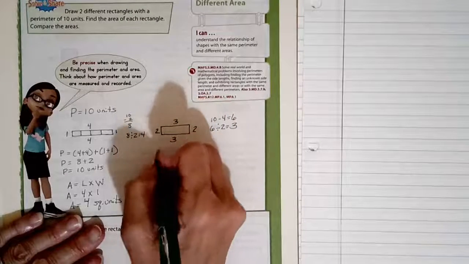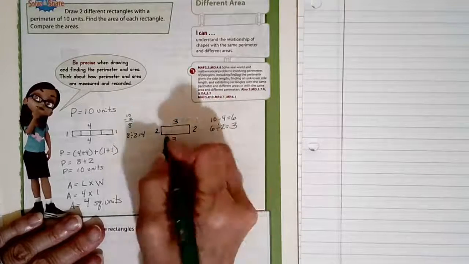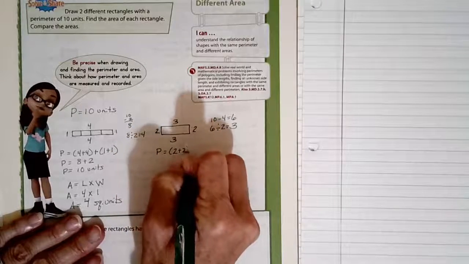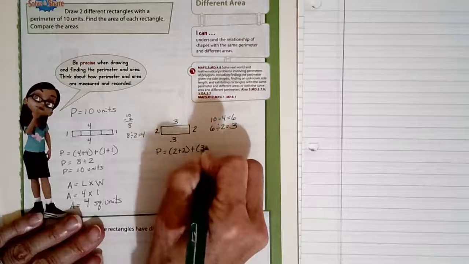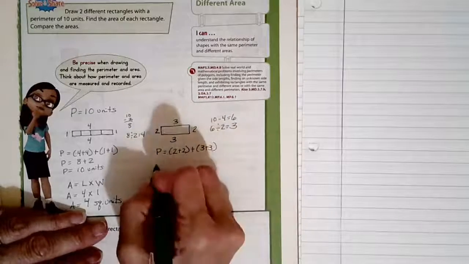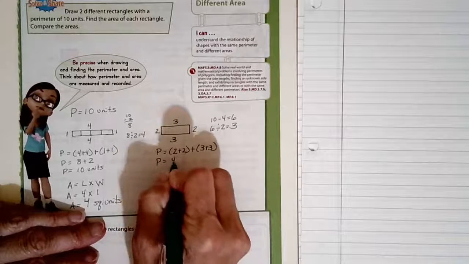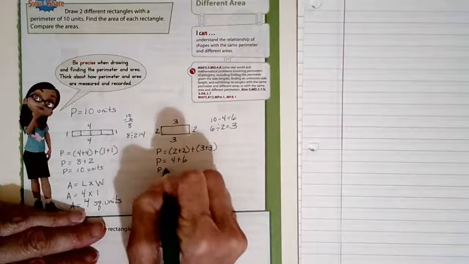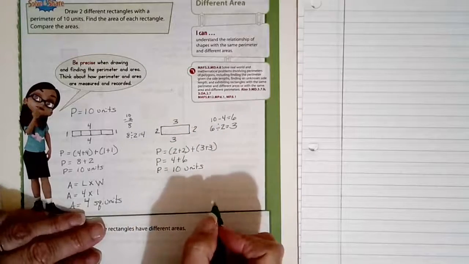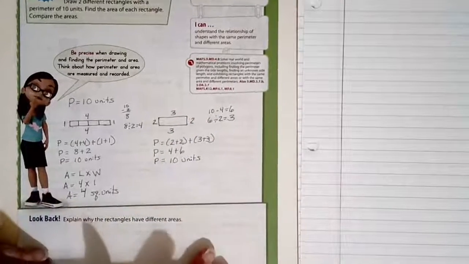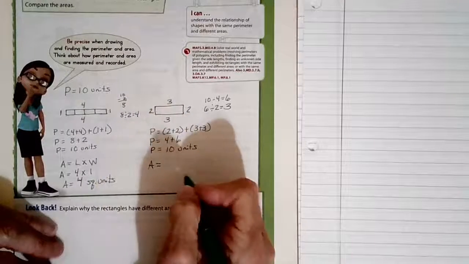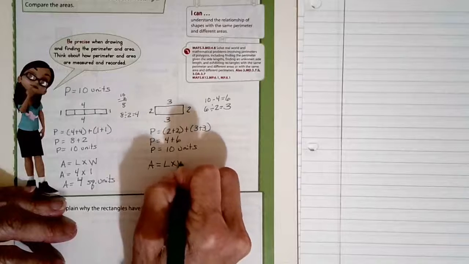So I'm going to show you my perimeter. Perimeter equals 2 plus 2 plus 3 plus 3, because remember, we're adding all of the sides together. Perimeter equals 4 plus 6. So my perimeter equals 10 units. Okay, so that part's all squared away, but now we have to look at our area. Remember, the area is going to equal length times width.